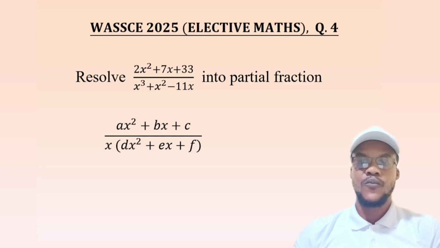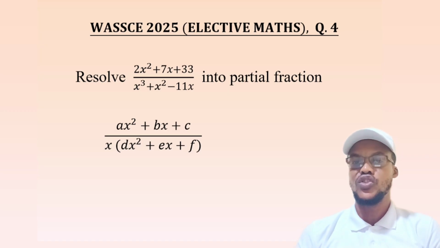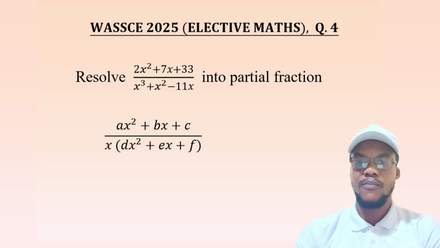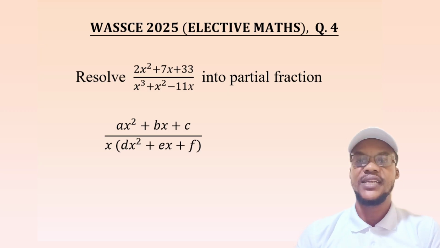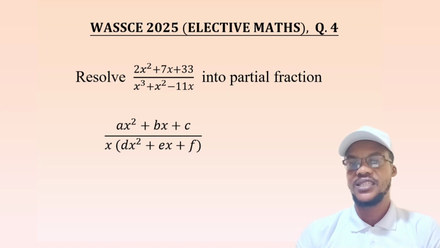Before you are able to resolve any rational function into partial fractions, you have to ensure that it is a proper fraction. Whenever you are given a question which is not a proper fraction, then you have to divide the numerator by the denominator. Then you can resolve into partial fractions. And when are you going to say that this is not a proper fraction?